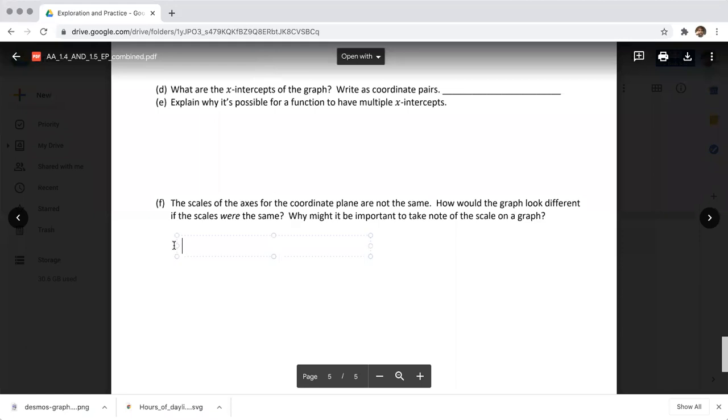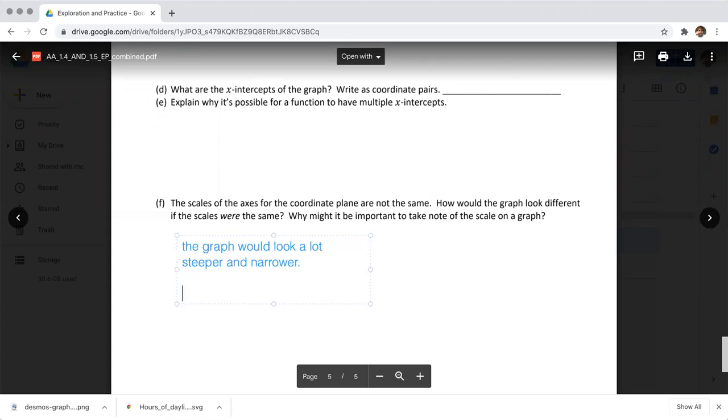So basically, if it were the same, it would stretch everything up. And so the graph would look a lot steeper and narrower, right? And so I think I'm just going to say this, but we could think about, well, we are trying to interpret things.